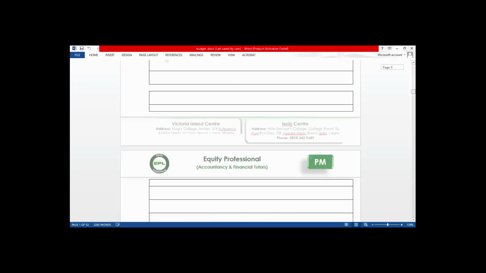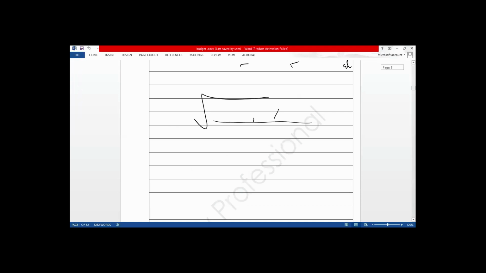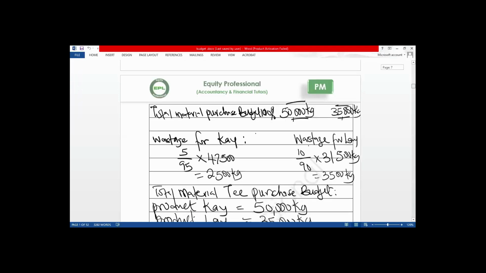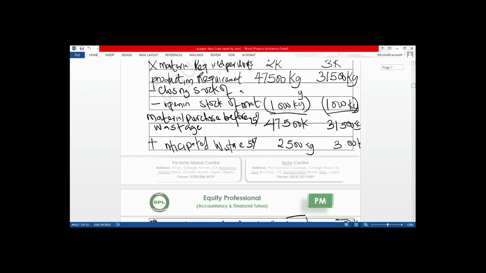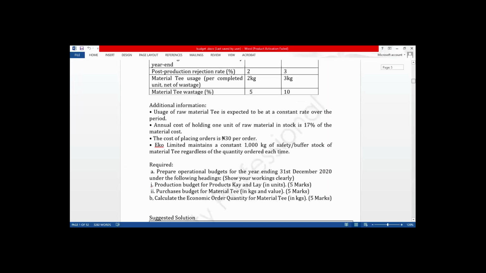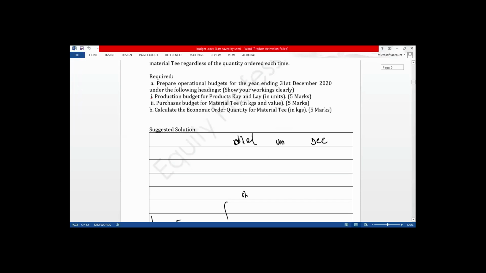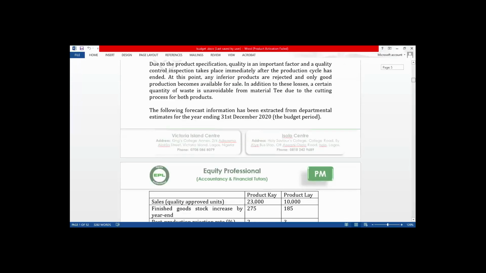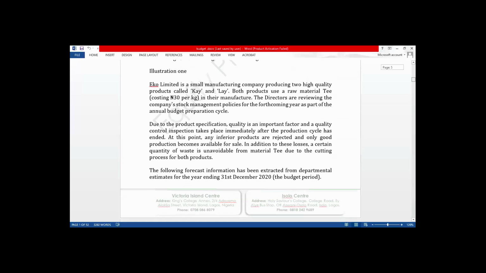Oh, okay. We look at just question 1. We only solve one question. Okay. My apology. Okay, we solve. Okay, we solve illustration 1, Eco Limited.